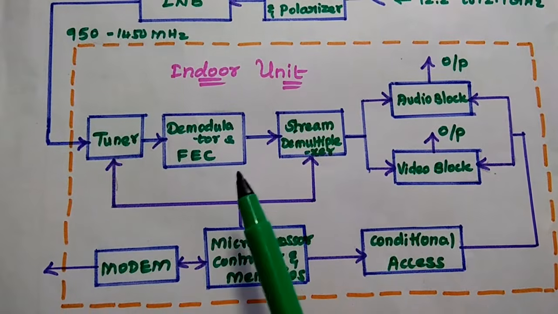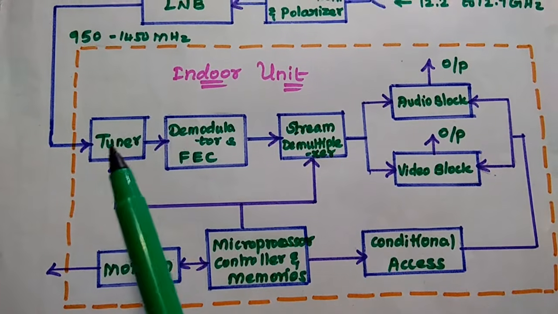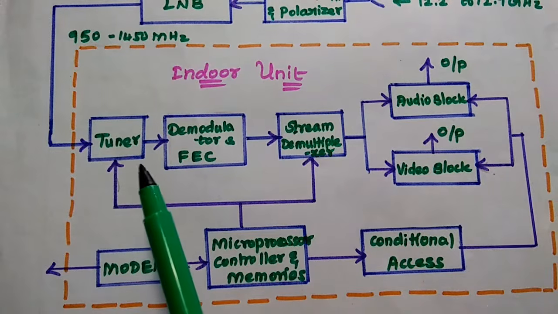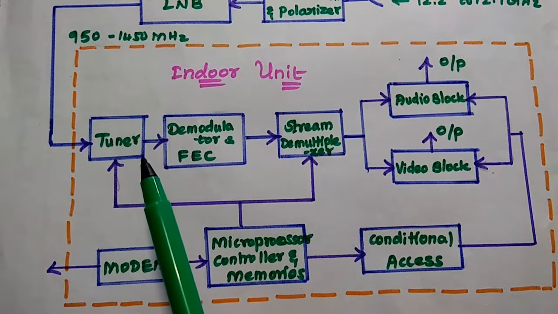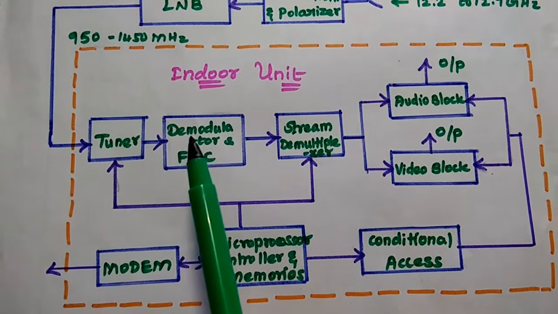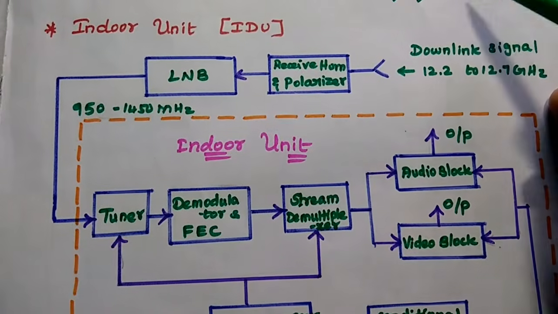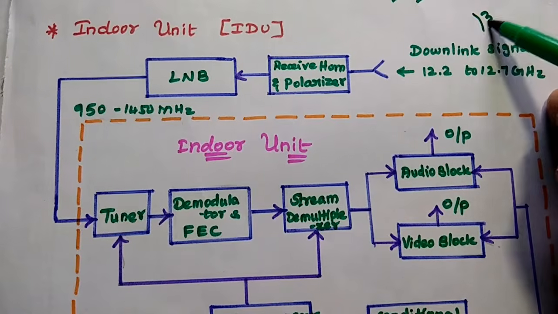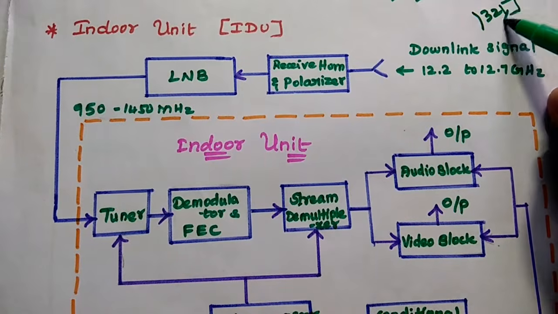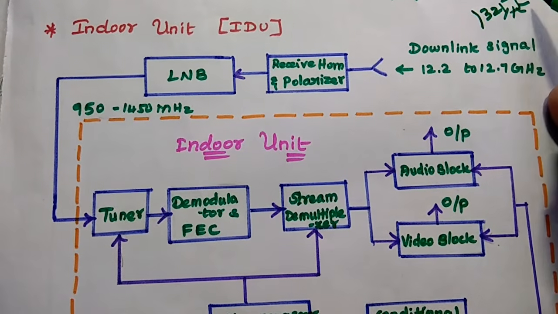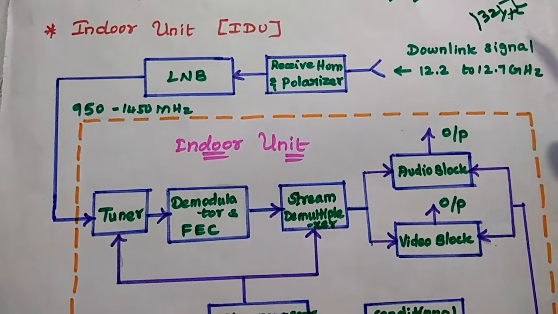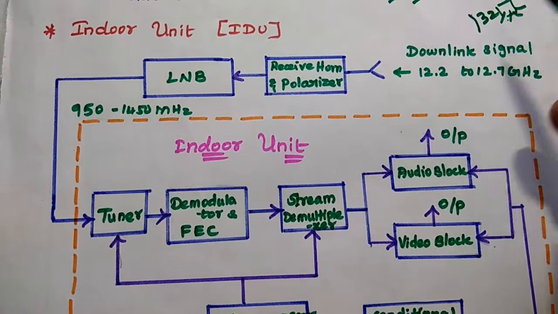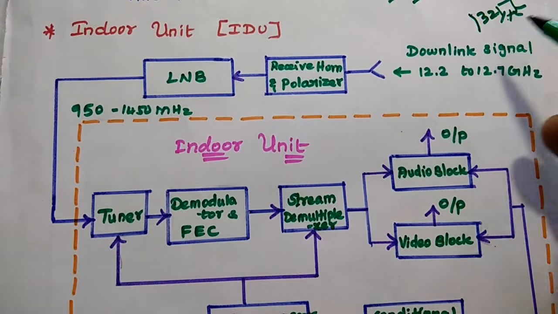In this indoor unit, the very first block is the tuner block, which is going to select the particular transponder. In the satellite there may be 32 transponders, each one having particular TV programs. So each transponder has its own TV channels.